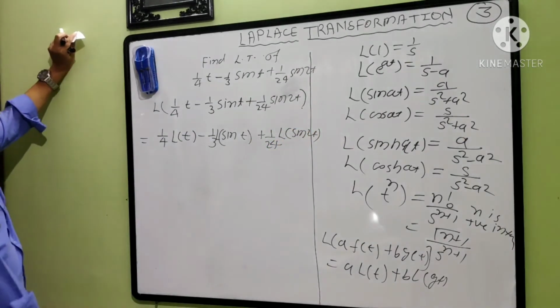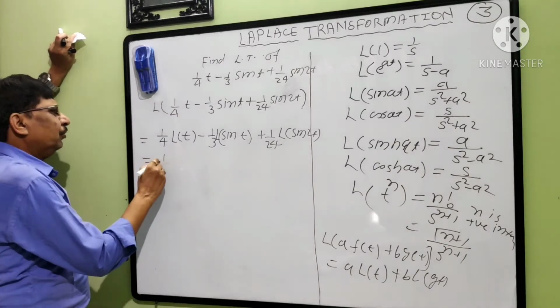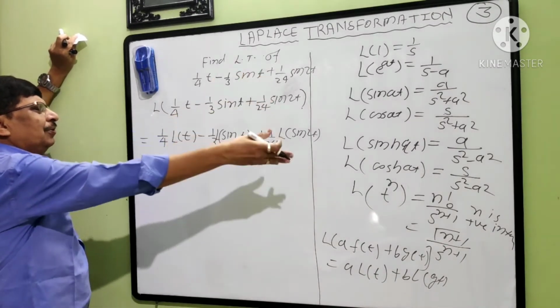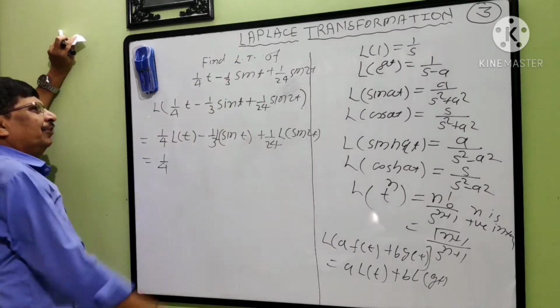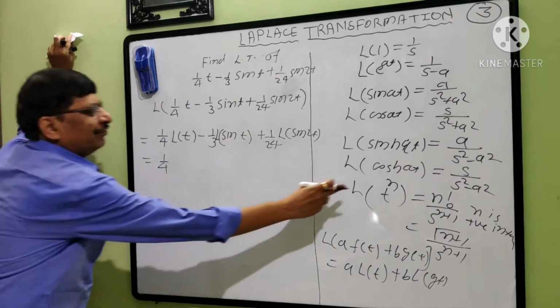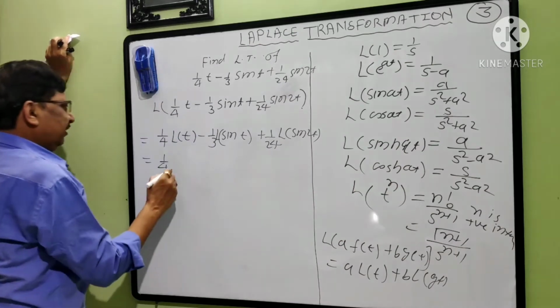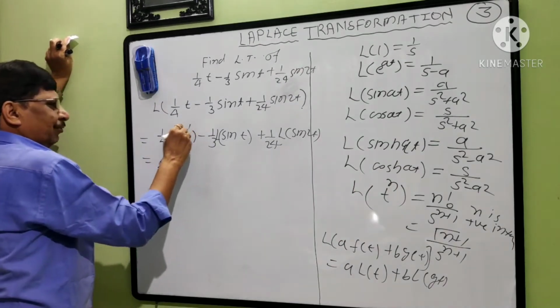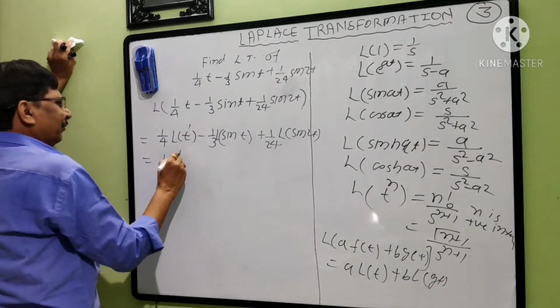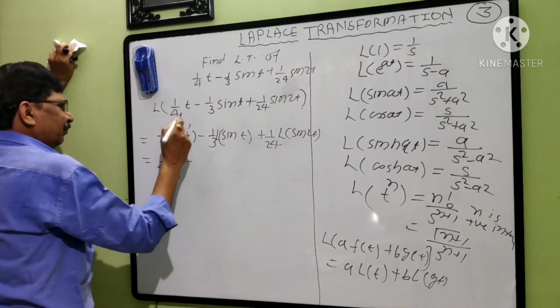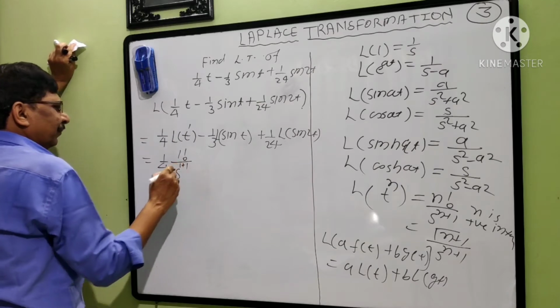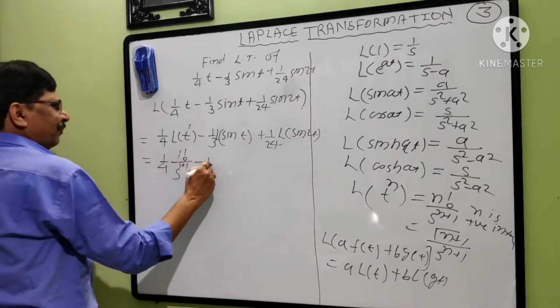Now you only have to use the formulae. You know L of t. What is t? t means t raised to n, here the power is 1. What is the formula? 1 factorial upon s raised to 1 plus 1. I am writing the whole formula because this is the first sum.